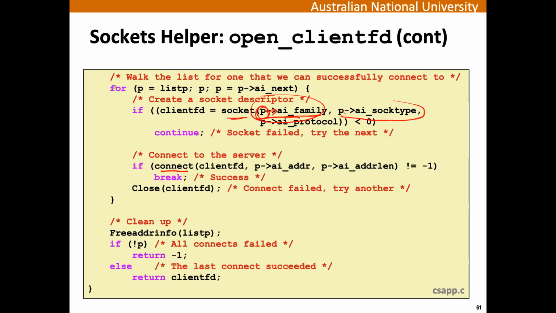So if you see in this for loop, we are trying to connect, using our file descriptor, to each of these. So p's address, this is the socket address structure that we are really interested in. And we are not creating it ourselves. We are just using what is returned by the getaddrinfo function.